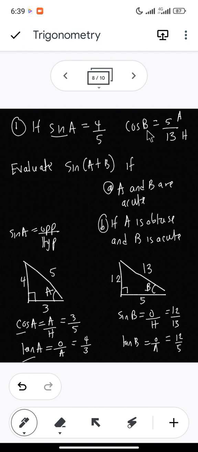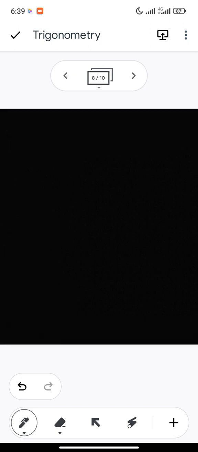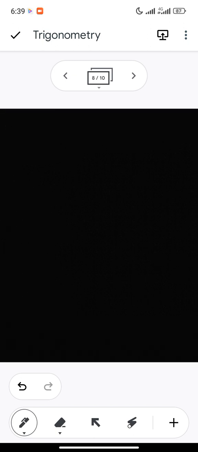For cos B as reference angle, we need to find the tricks. So we have cos, we now have sine and tan. Let me quickly write this out somewhere else. It's important: sine A, according to the question, is 4 over 5, right?